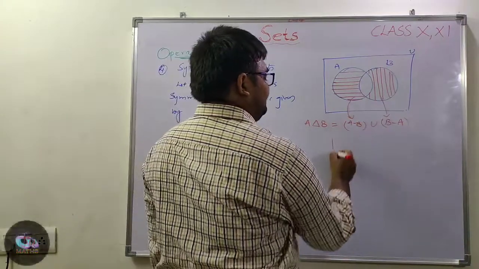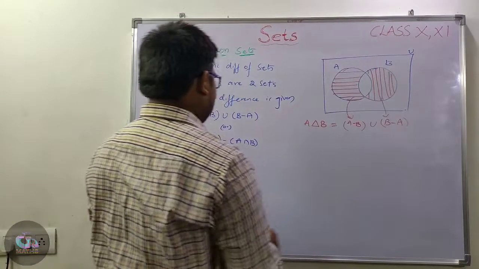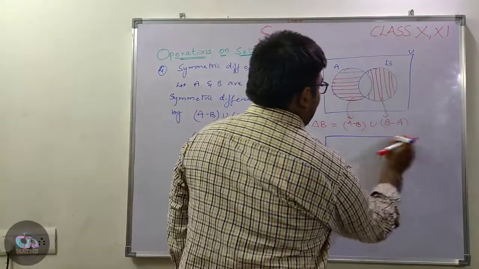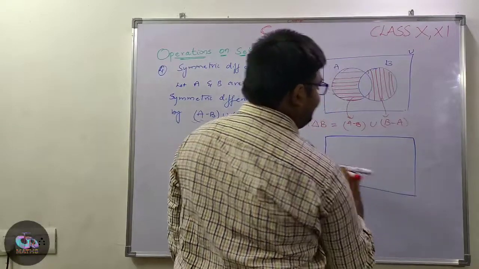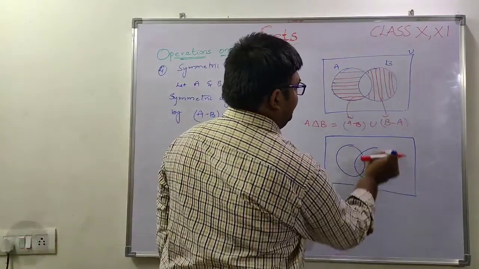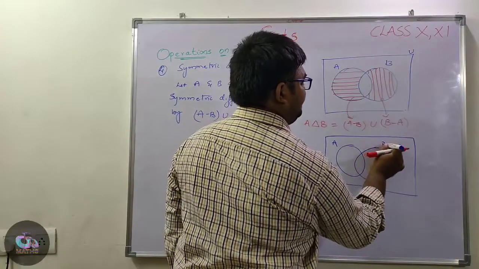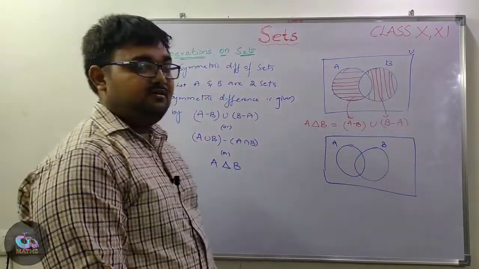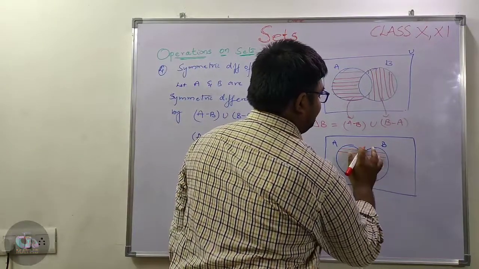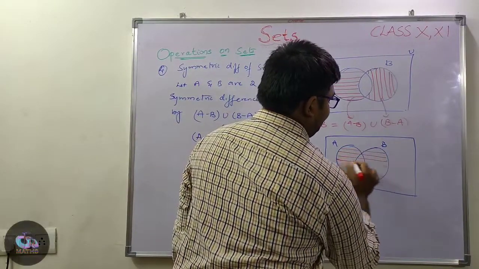The same way, there is one more representation. We have written A union B minus A intersection B, right? From that also we are going to get the same condition. Here we are going to take two sets, one set is A and the other set is B. Now if you observe this, this is nothing but A union B, no?